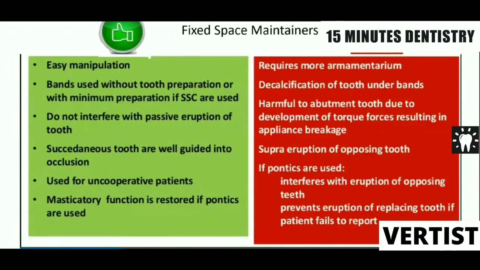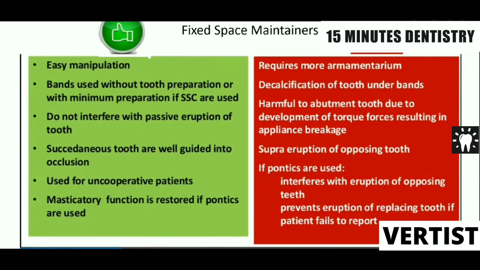What are the advantages of fixed space maintainers? First, its manipulation is easy. When we have preformed bands or preformed crowns, the time required is very little. They do not interfere with the passive eruption of adjacent or opposing teeth.